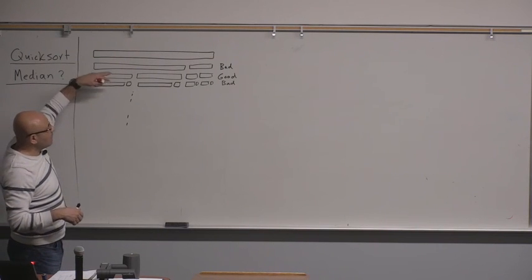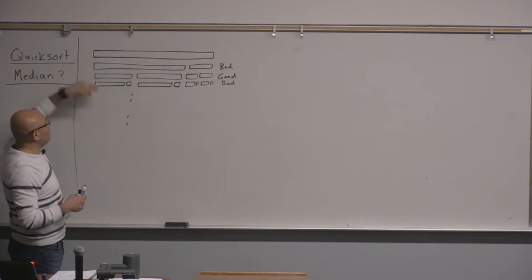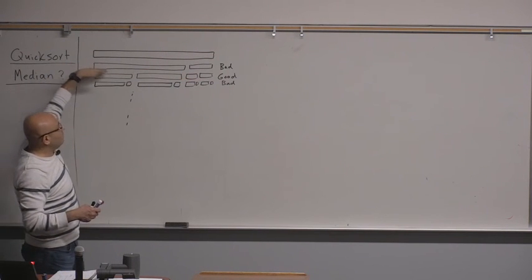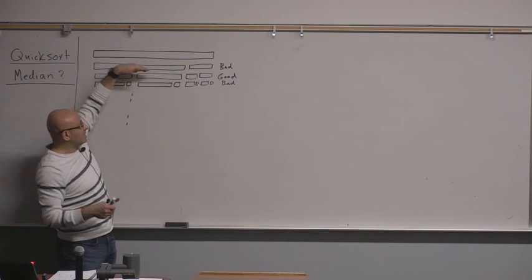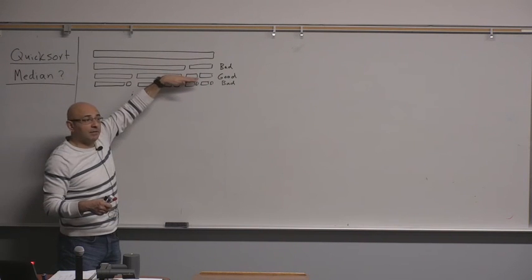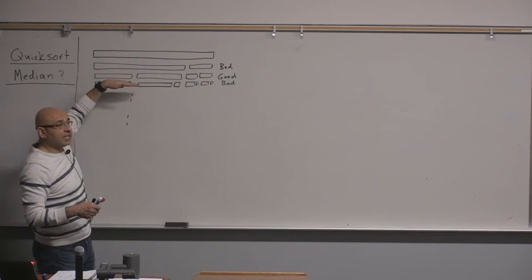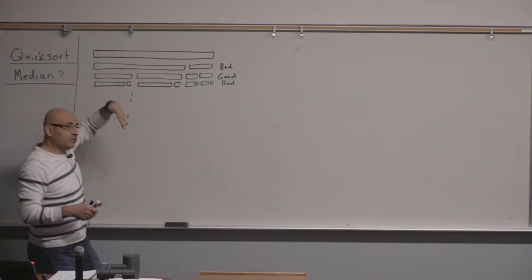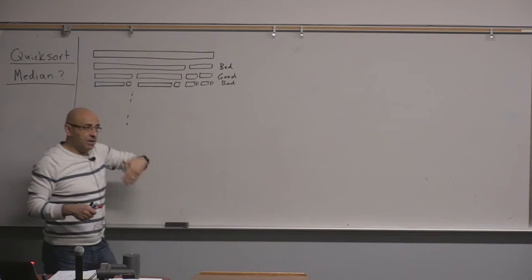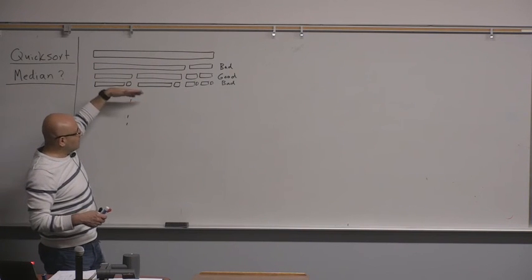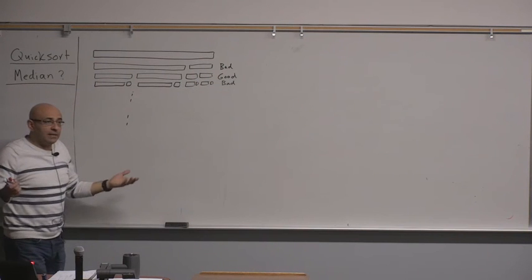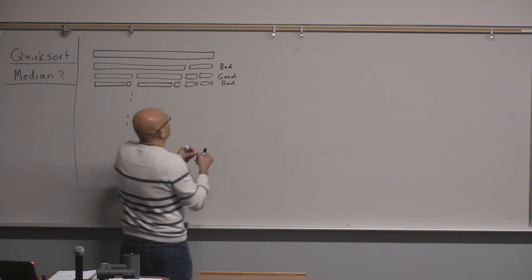Well, the number of levels is like double. You can think of the bad partitioning as a level at which you are not making progress. It's just like you are wasting one level. Then at the next level you will catch up and you will do a good partitioning and you will make progress like you do in the best case or with merge sort. So this is wasted.